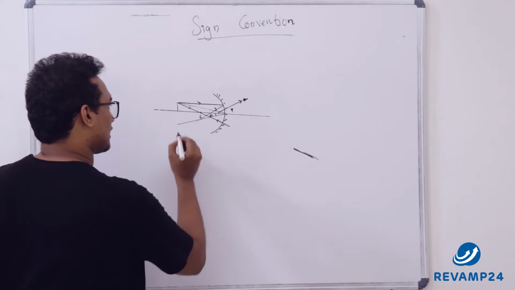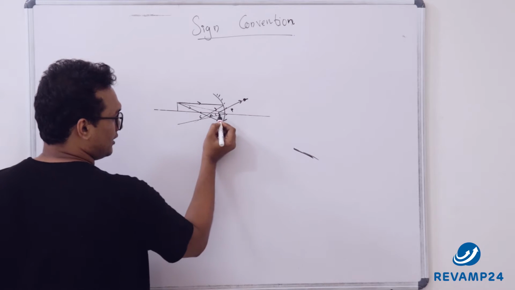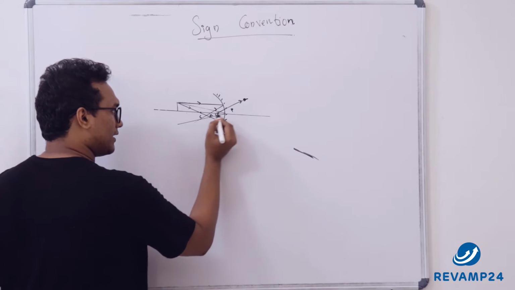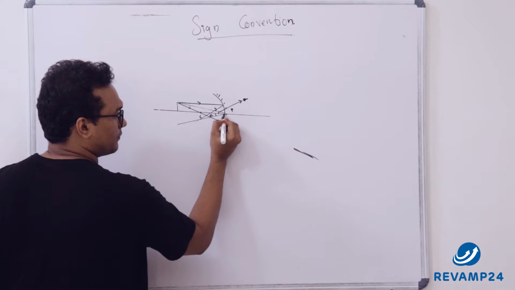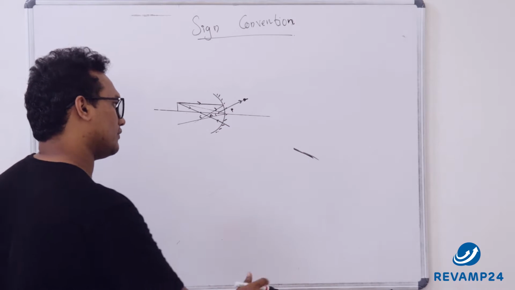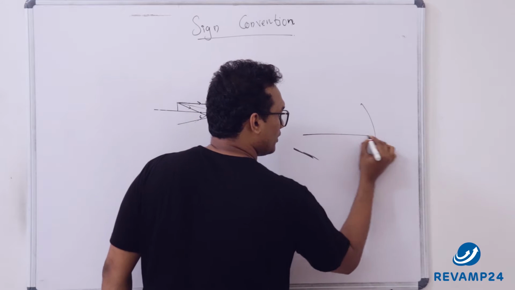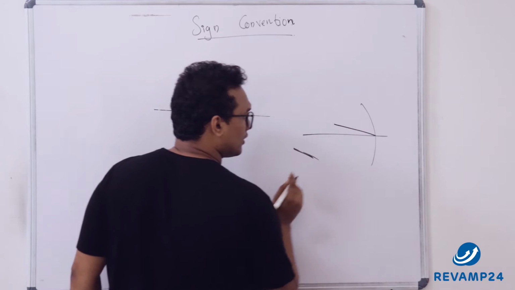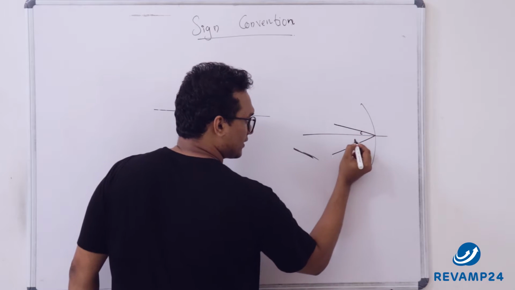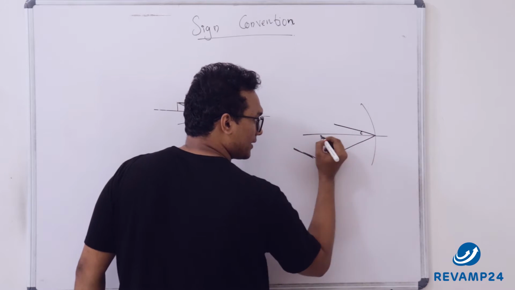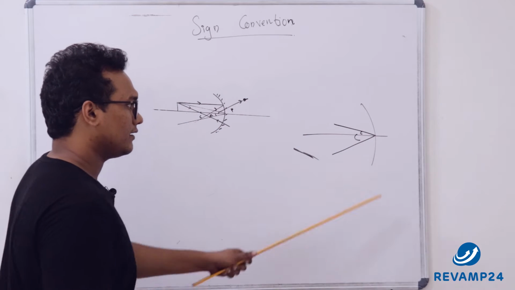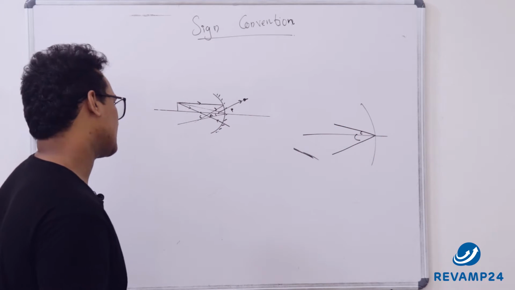Or I can say, with respect to the principal axis, the angle made by the incident ray should be equal to the angle made by the reflected ray. So in both ways it is the same. When it is directly hitting the pole, after reflection it would go in this way, making sure that the angle made with respect to the principal axis by the incident ray is equal to the angle made by the reflected ray.